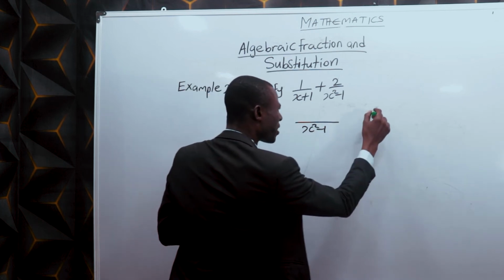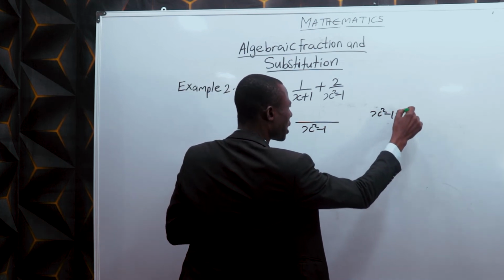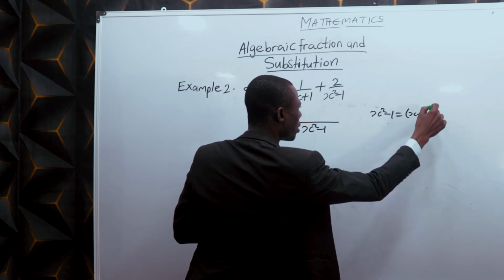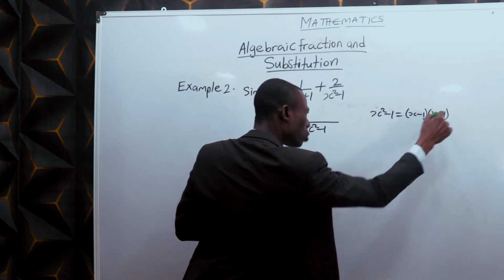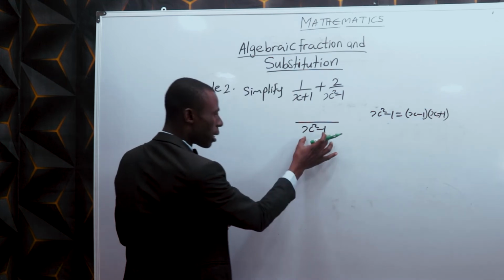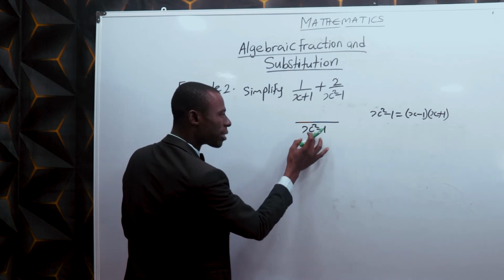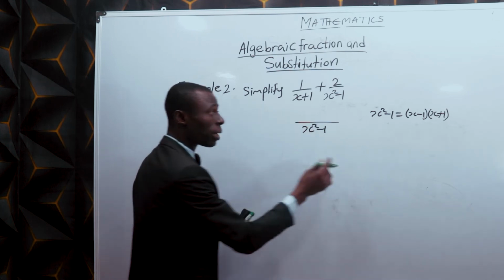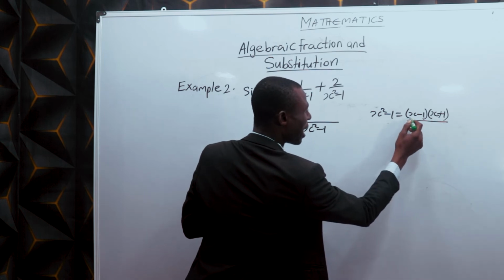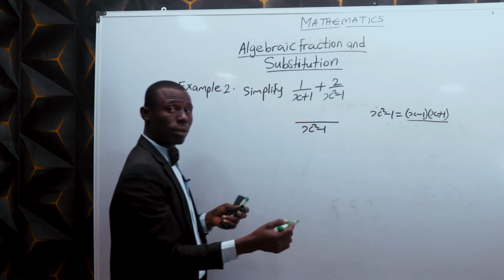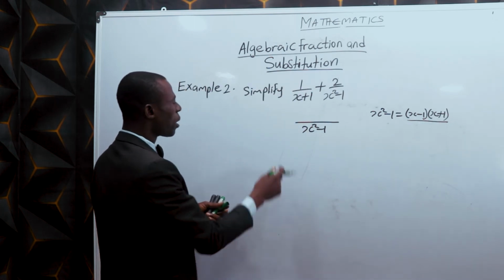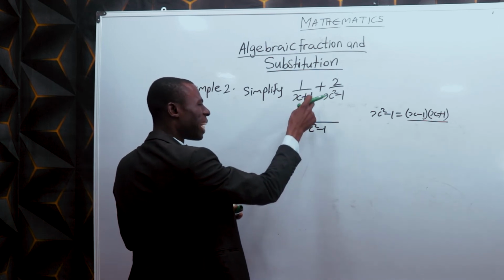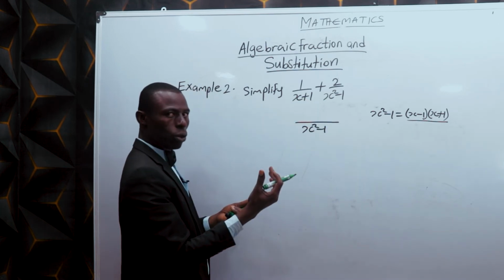Don't forget, x squared minus 1 is the same thing as x minus 1 into x plus 1. Whenever you see x squared minus 1, see it as x minus 1 into x plus 1. It is very essential. Now, x plus 1 in x squared minus 1. What do we mean?